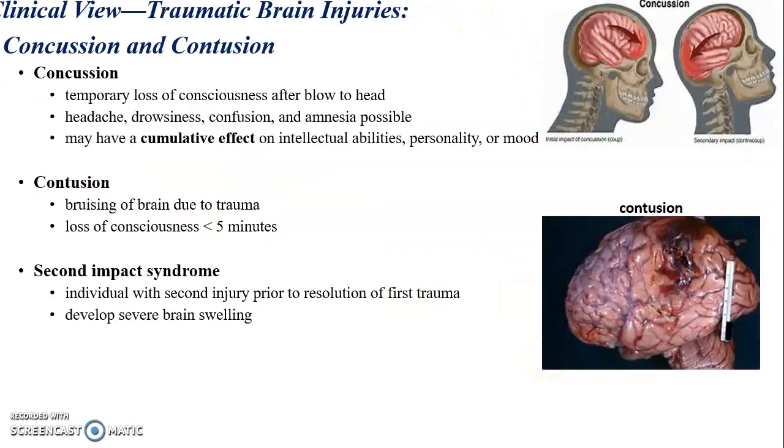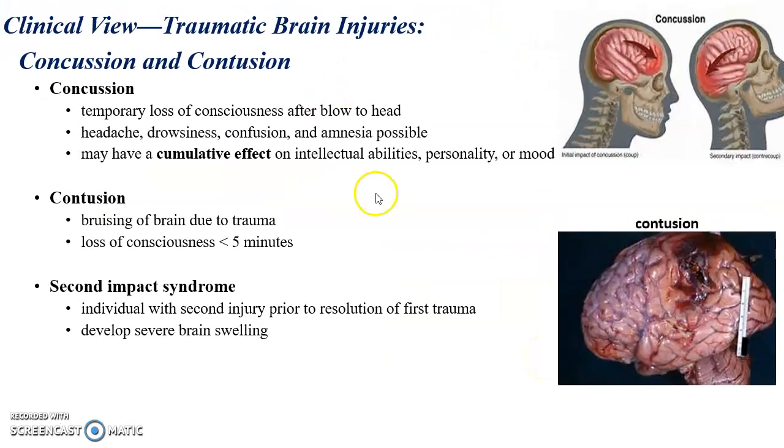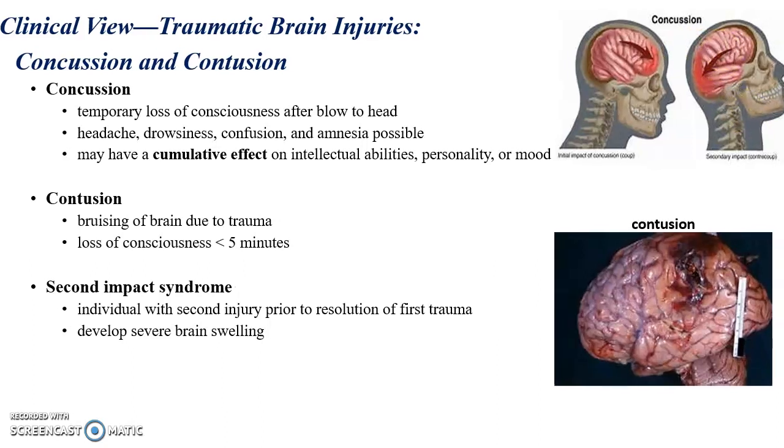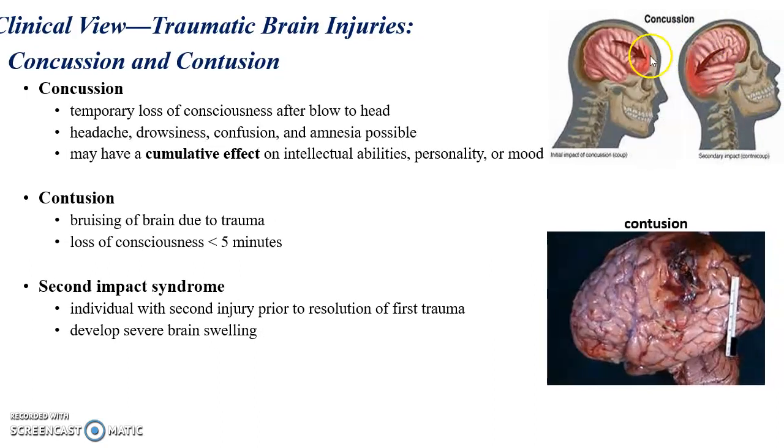All right. A traumatic brain injury can include a concussion. A concussion is when, say, you have some sort of blow and part of your brain basically ends up colliding with your skull. And this impact will cause a temporary loss of consciousness. And when the person awakens, they could potentially have headache, drowsiness, confusion, and amnesia.